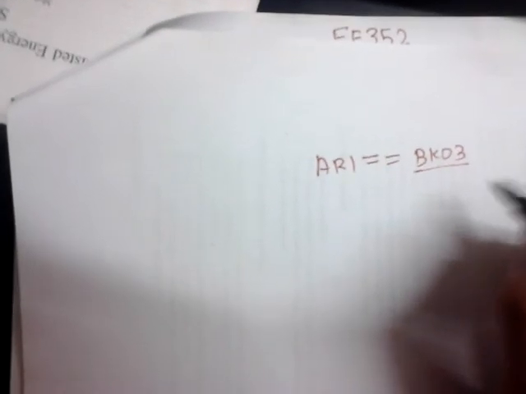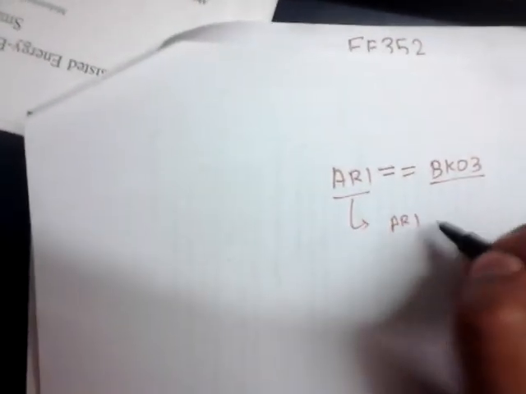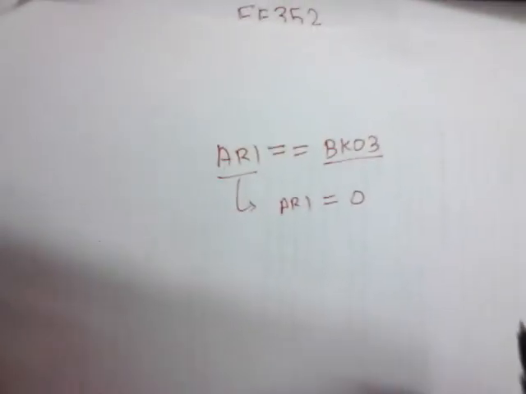Point to remember in the circular buffer is that when in circular buffer mode with above discussed settings, if we keep on increasing AR1 value, and in boundary cases when AR1 is equal to BK03, this register stores length of our buffer, AR1 is automatically reset to 0 by hardware.